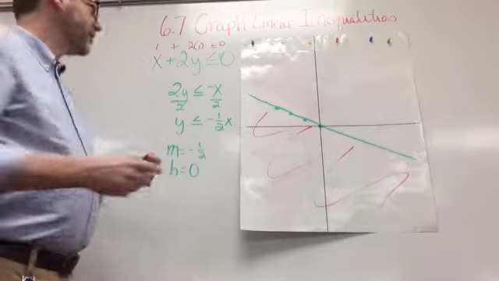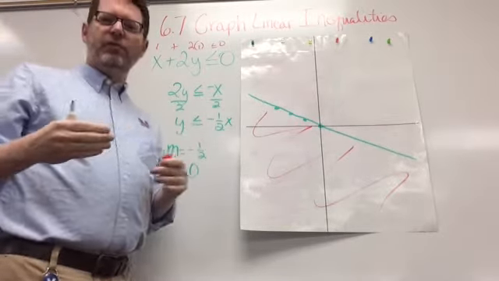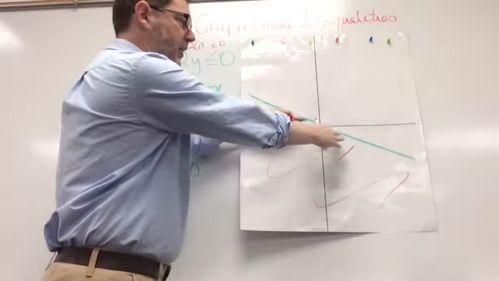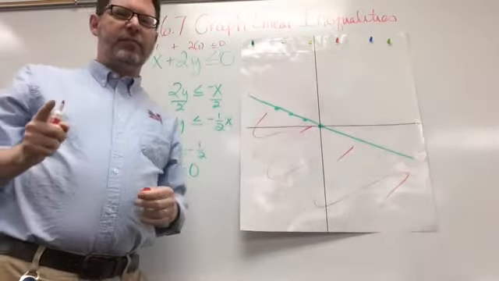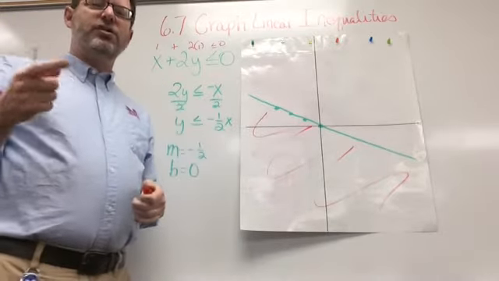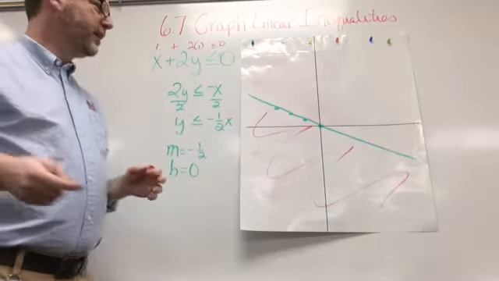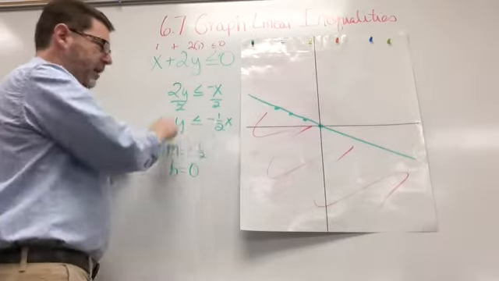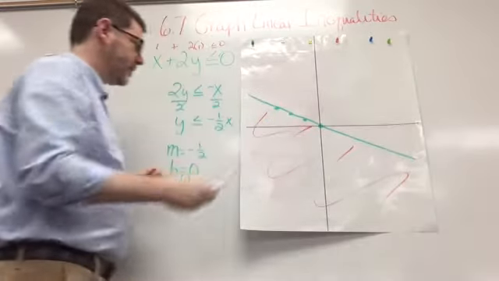Another way you can look at that is I have y is less than or equal to. So typically when we talk about less than, we say everything that is below the line. Now that works 99.9% of the time, so you still have to be careful and test that 1 point just to make sure. So just to recap, I graphed my line. It was a solid line, and then I tested a point.